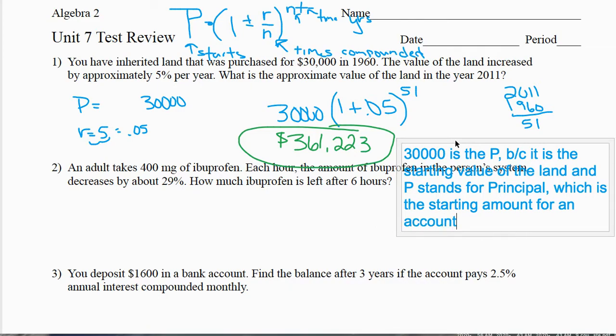I used information from the problem and the definition of principal in order to explain it.